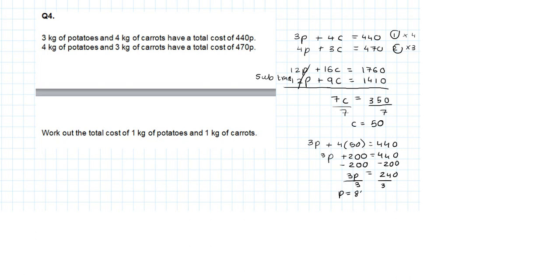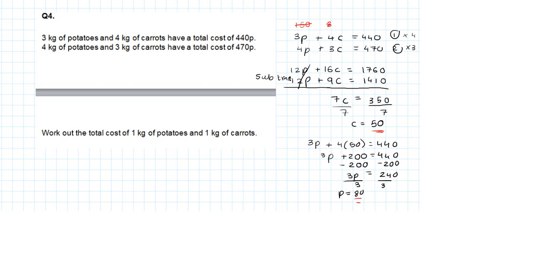And let's check our equation quickly. Okay, so 3 times 50 is 150, and 4 times 80 is 300. Have I got the right one? Oh, I've got the wrong one. Okay. c is 50. p is 80.